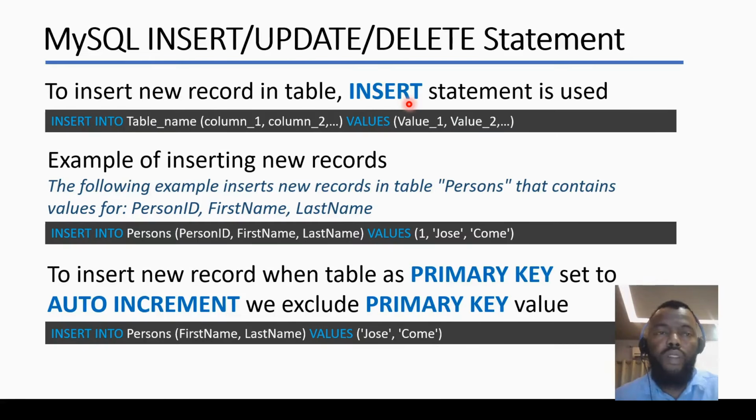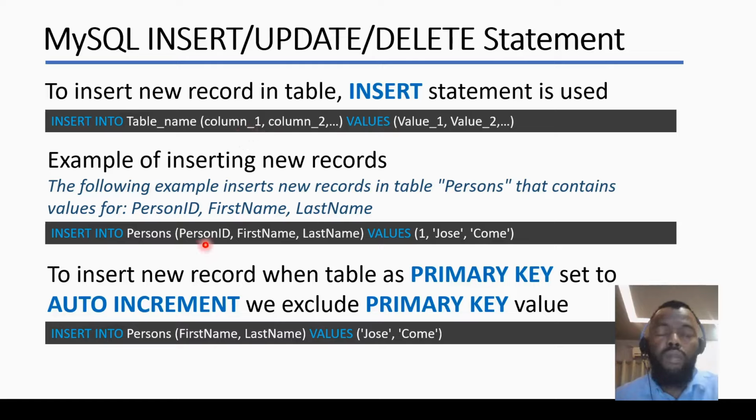When we need to insert data in a MySQL database, we use an insert statement. So we have insert into, the name of the table, the columns, and the values. The number of columns and the values have to match.